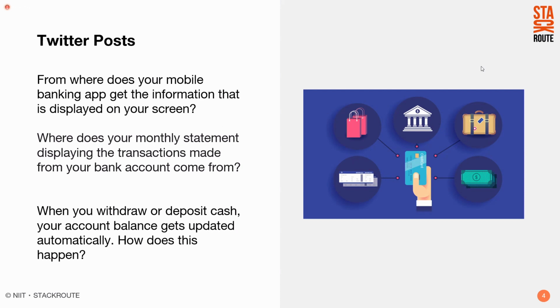Where does your monthly statement displaying the transactions made from your account come from? Have you experienced this with mobile banking or Google Pay? Are you finding your transactions with each user? Yes, ma'am. You got my point.